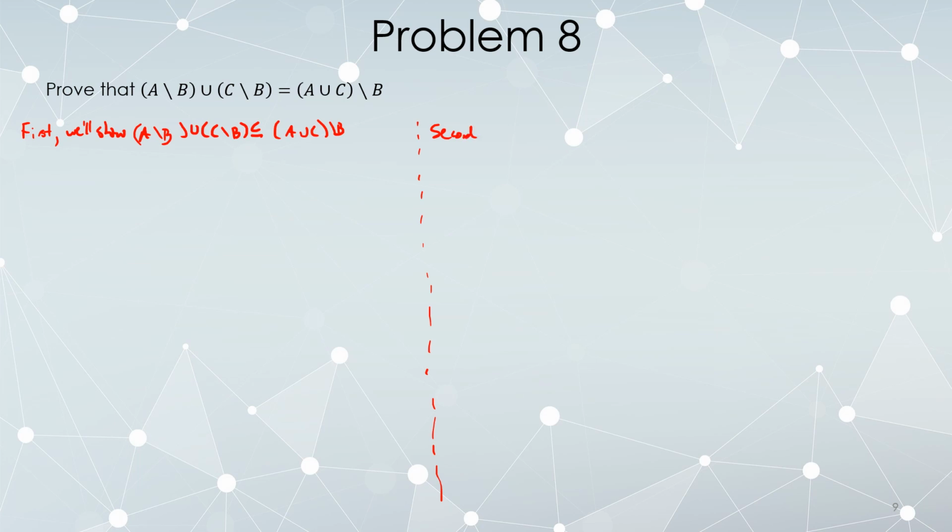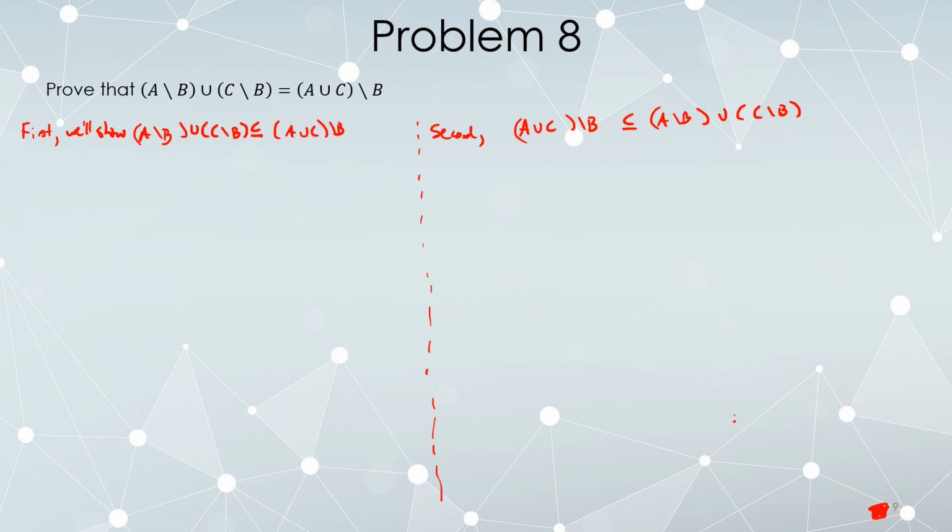Then you would also need to show that the set on the right is a subset of the set on the left. If you can show both of these things, left subset of right and right subset of left, that would conclude the proof overall that the two sets are equal.